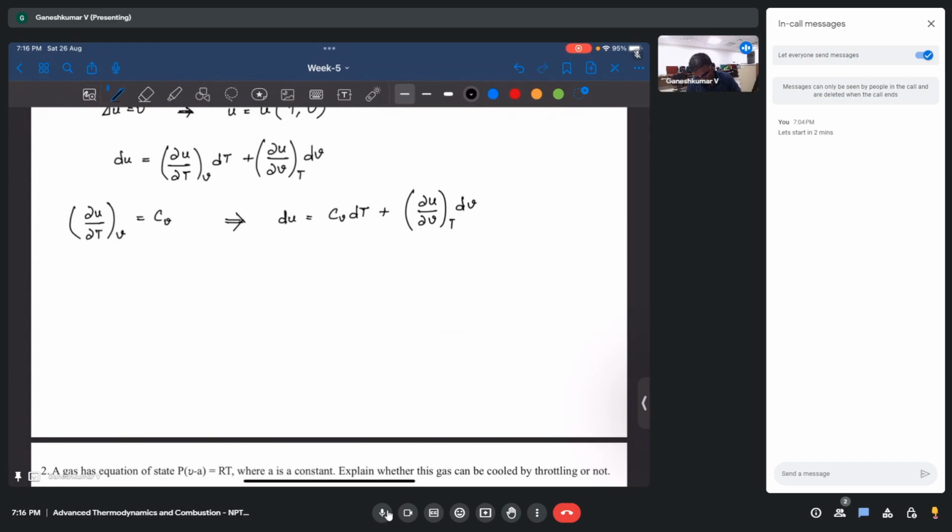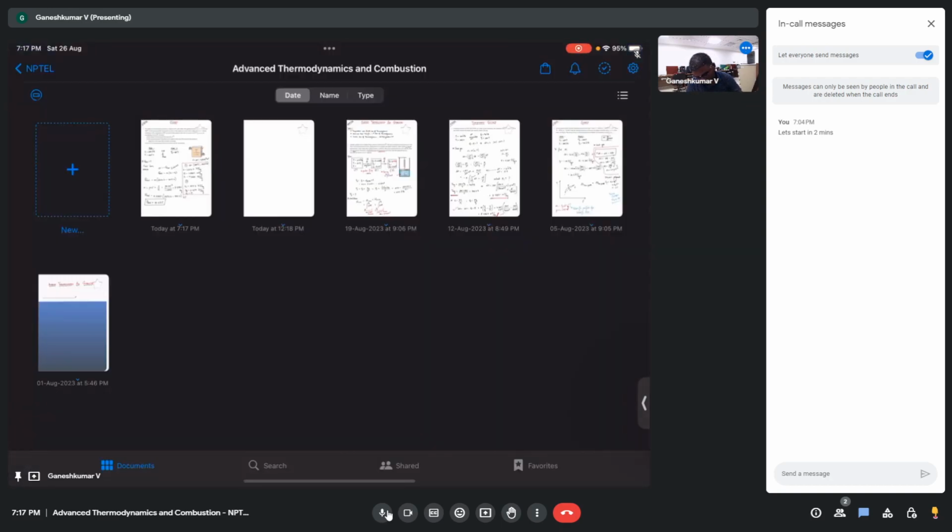Recall that dou U by dou V at constant T is going to be T times dou P by dou T at constant V minus P. Alright, so this is the expression we get from the internal energy equation. Let me just quickly go through that also.